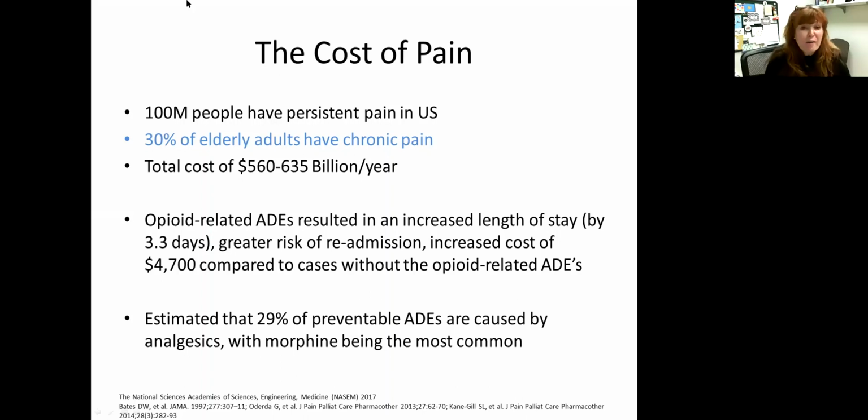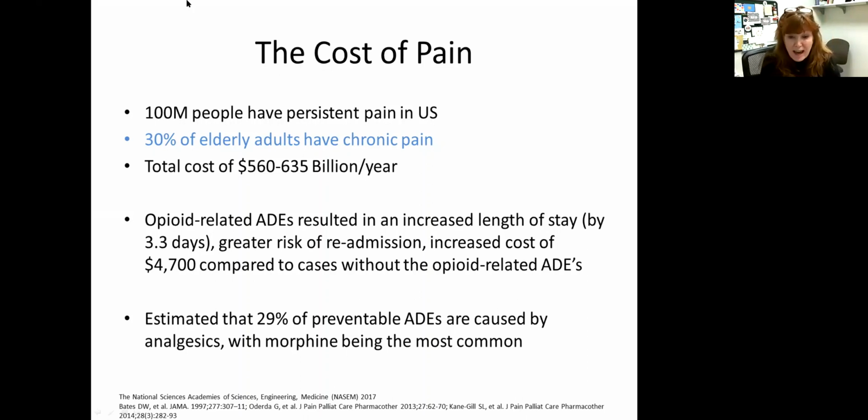When we're looking at adverse drug reactions that are related to opioids, this is also very costly. So patients that are admitted generally stay longer, on average about 3 days longer if they're admitted for an opioid-related adverse drug event. Their cost of admission is more expensive too, approximately $5,000 more, and they have a greater risk of readmission.